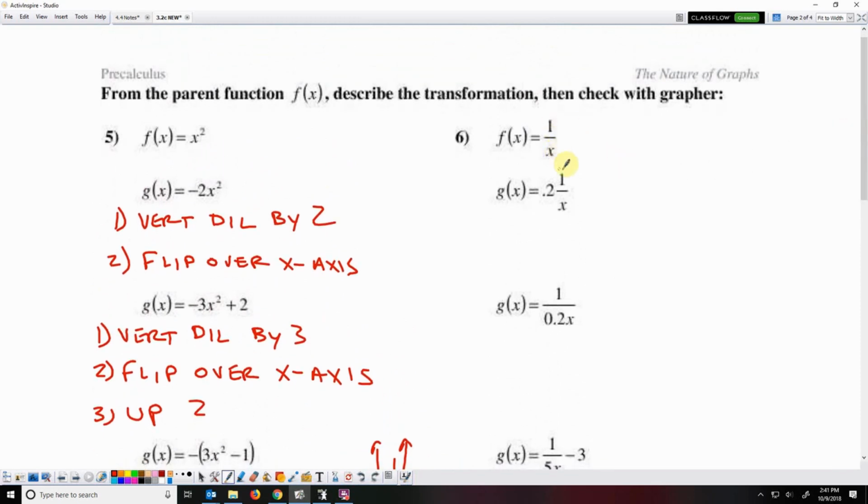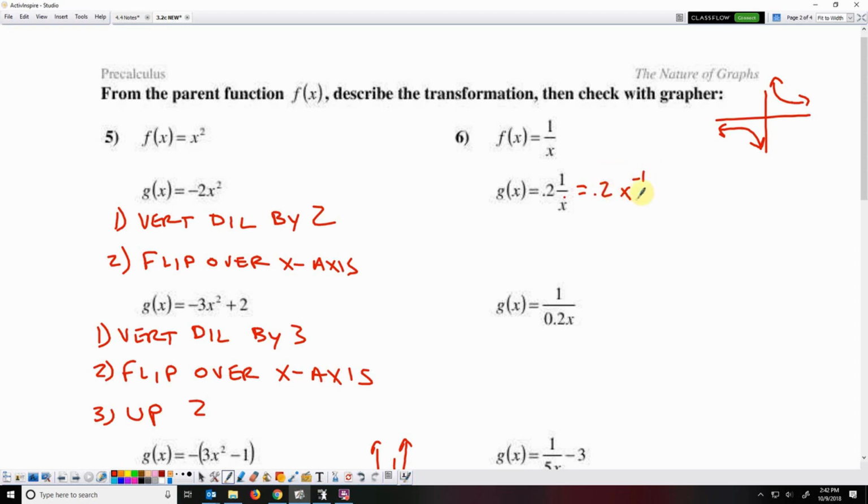All right, f of x equals 1 over x. So a general sketch that looks about like that. Multiplying by 0.2 on the outside, okay, so that is not inside of that function. That is the same, by the way, as 0.2 times, and 1 over x is x to the negative 1 power.